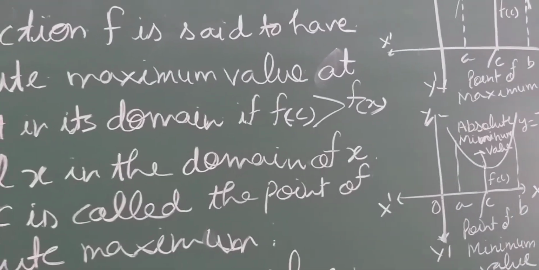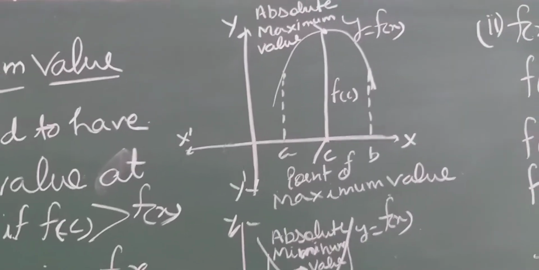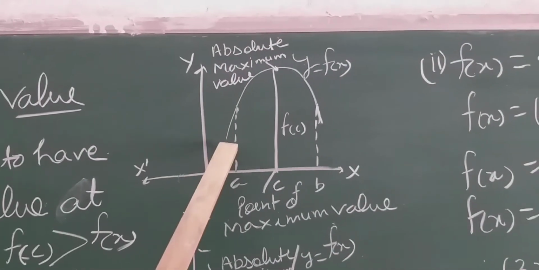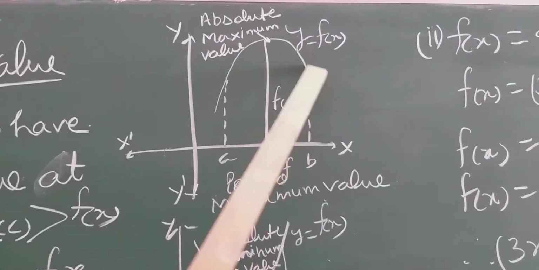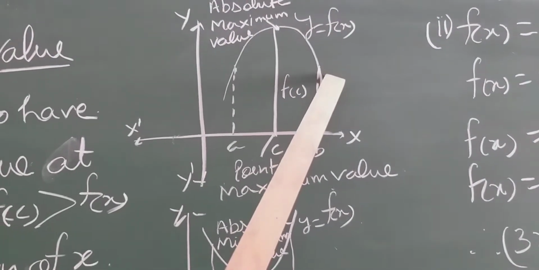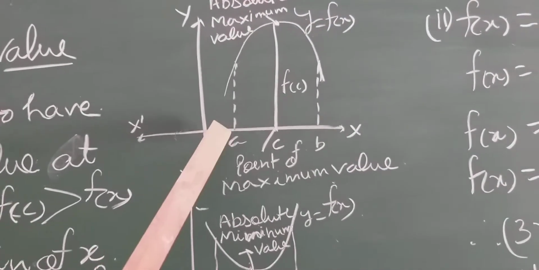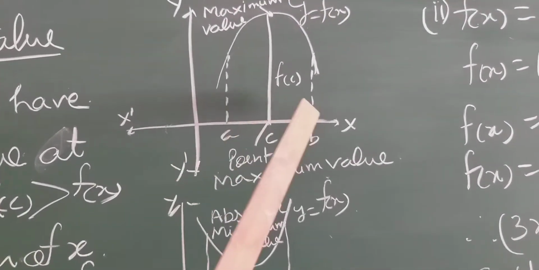Students, let us check the graph about this definition. This is the function, this is the curve, this is the graph of the function y equals f(x), and it is defined on the interval a to b.